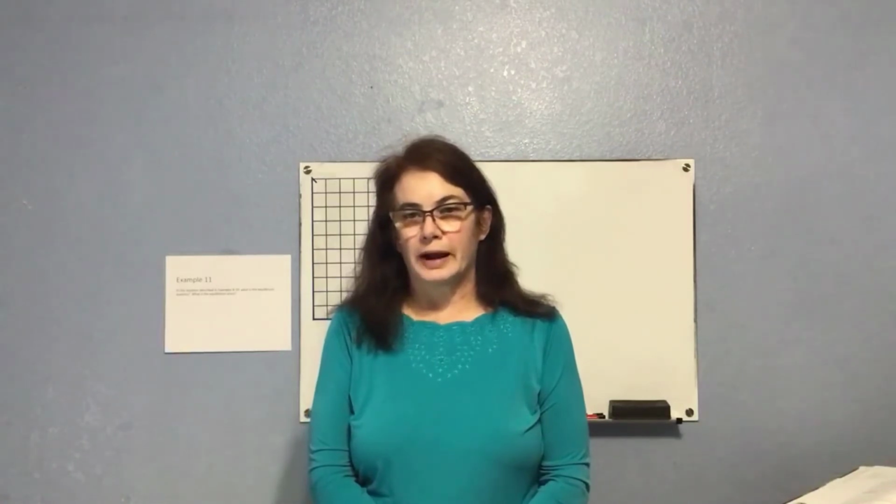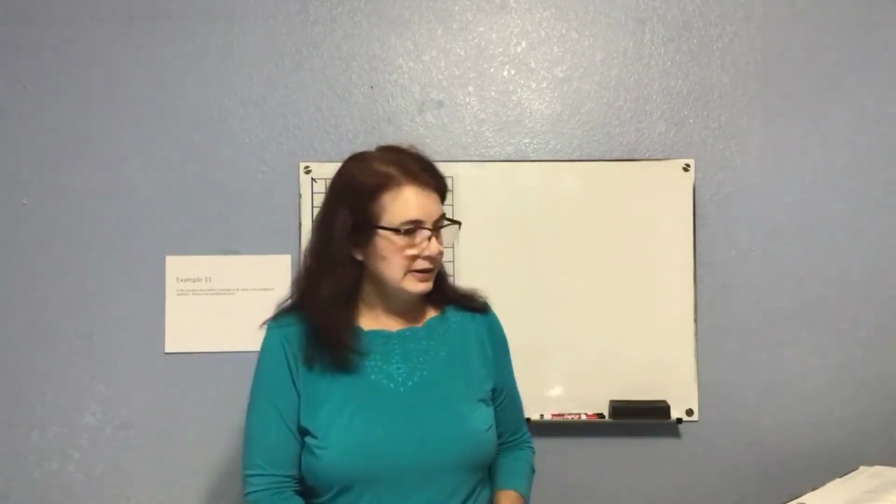When the supply curve and the demand curve intersect, we say that the system is in equilibrium. And we could try to find that point from the graph, but it's more accurate to use algebra to find the point. And this is how that's done.